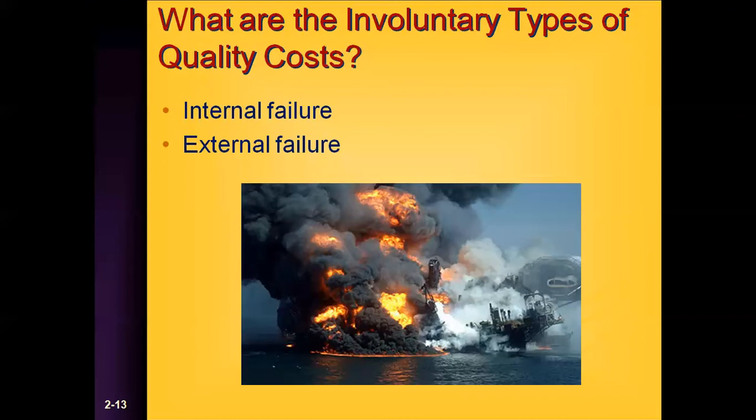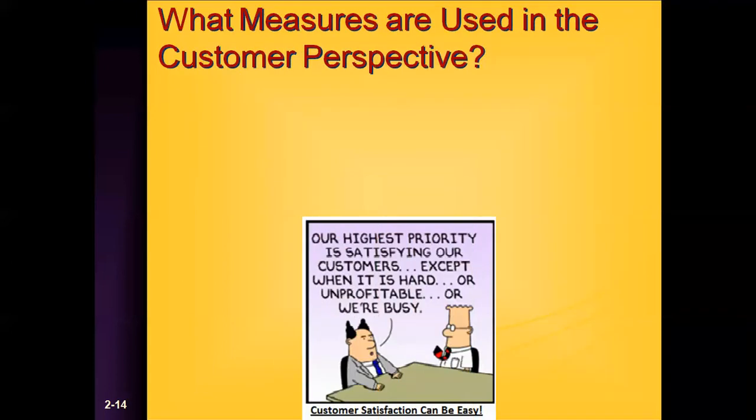This particular picture shows the explosion of an oil drilling rig, the one that a couple years ago dumped tons of oil into the Gulf of Mexico. That was an external failure.